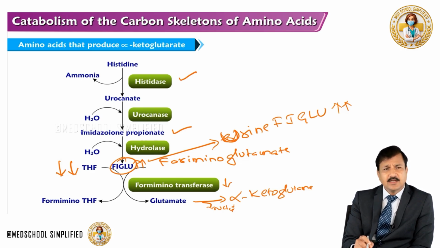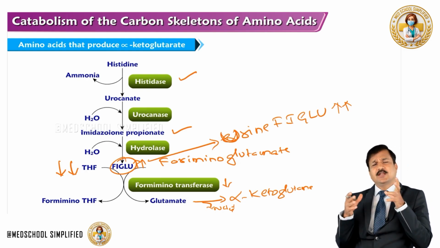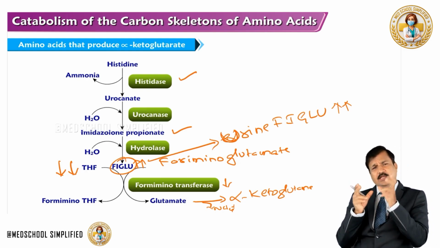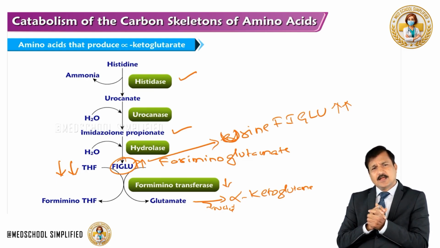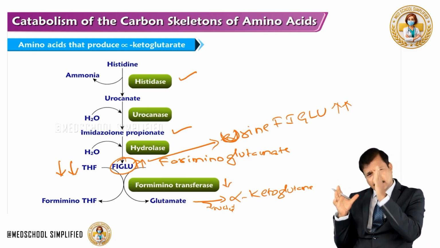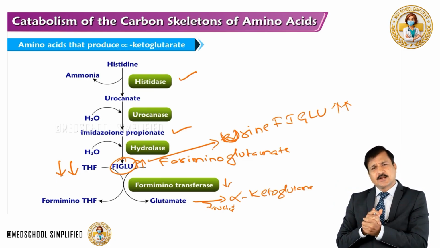In a histidine loading test, whenever we give more histidine, in order to carry histidine catabolism completely to alpha-ketoglutarate, we need tetrahydrofolate.